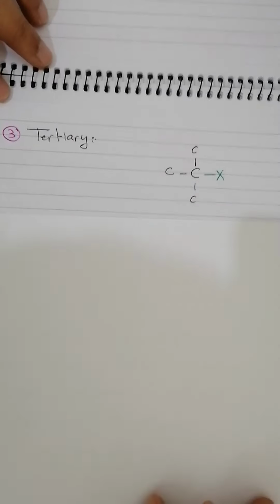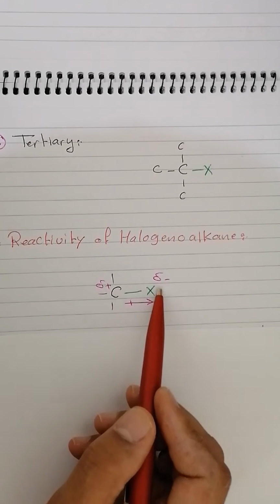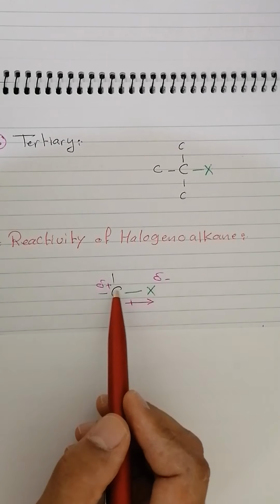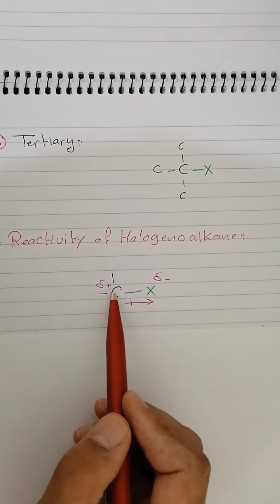After that, we need to talk about the reactivity of halogenoalkanes. First, we need to know why halogenoalkanes are reactive. It's due to the polarity of the carbon-halogen bond. We know the halogen's electronegativity is higher than carbon's, so this bond will be polar.